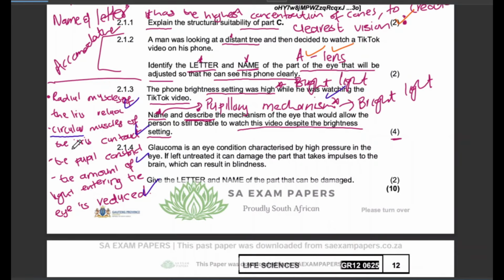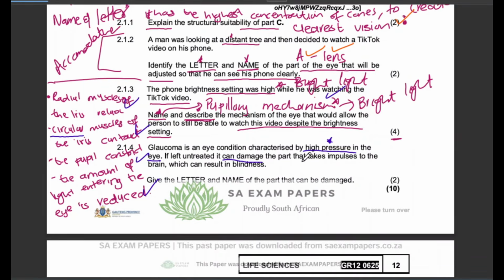Then the last question. Glaucoma is an eye condition that is characterized by high pressure in the eye. If left untreated, it can damage the part that takes impulses to the brain, which can result in blindness. Give the letter and name of the part that can be damaged. So they tell us about this eye condition, which is characterized by very high pressure in the eye. But now, if it's not treated, it can end up damaging.